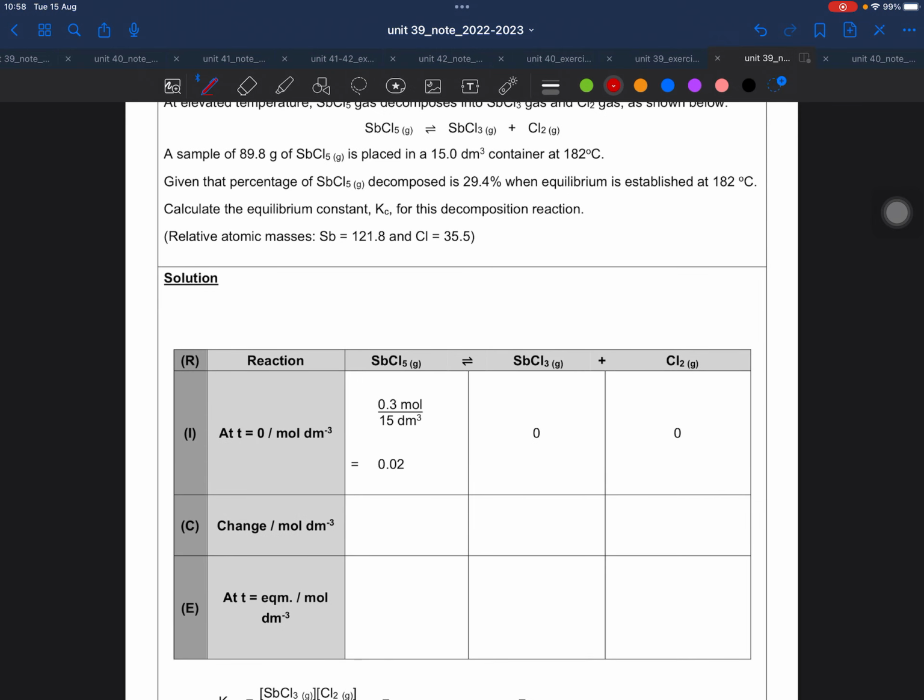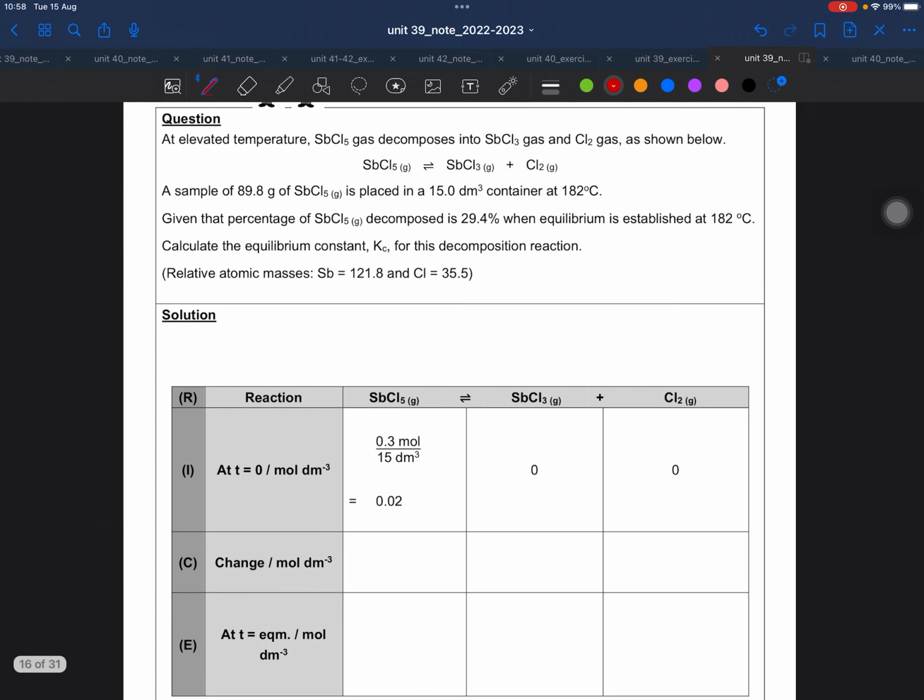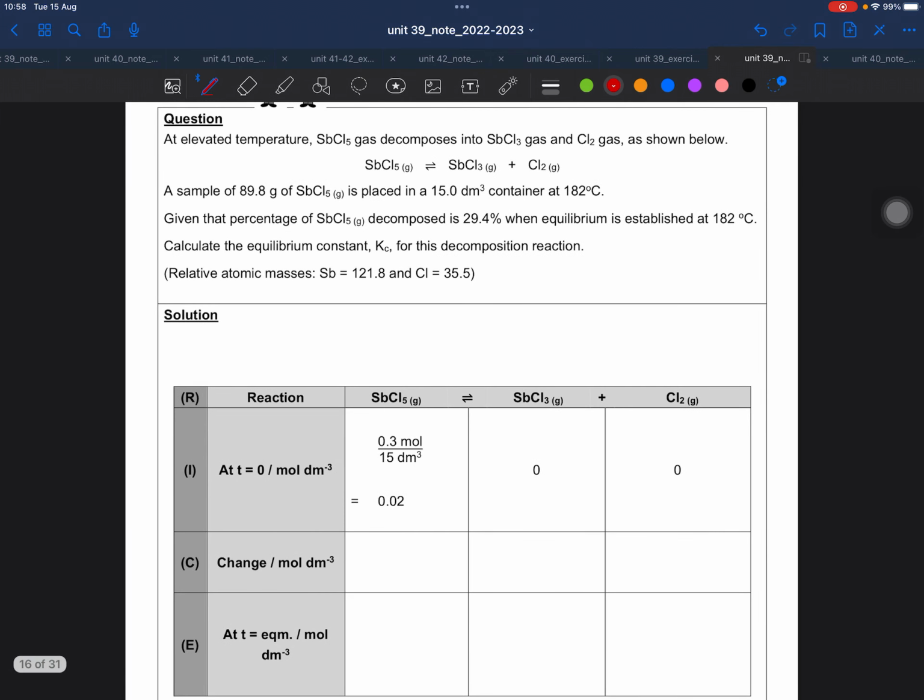Right, again, it's your turn. Now, before we start this exercise, let me introduce a term for you. Percentage decomposed. That means among 100 SbCl5, 29.4 of them will be decomposed, will be broken down in the process.